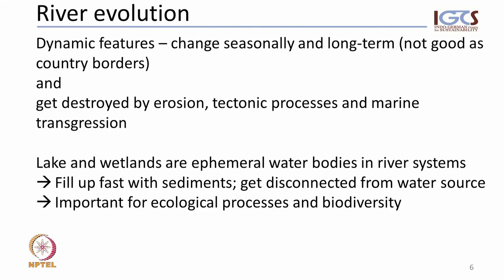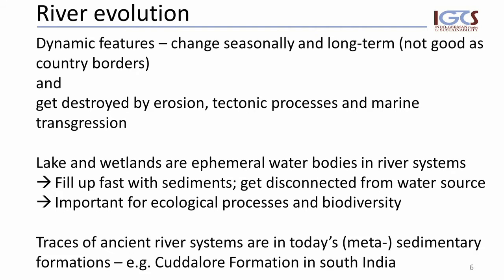As one of the very highly dynamic features of river systems, we need to mention lakes and wetlands. They are highly ephemeral water bodies, which means they fill up fast with sediments and or get disconnected from the source of water, and for that reason disappear from our landscape again, although they are very important for ecological processes and for biodiversity.